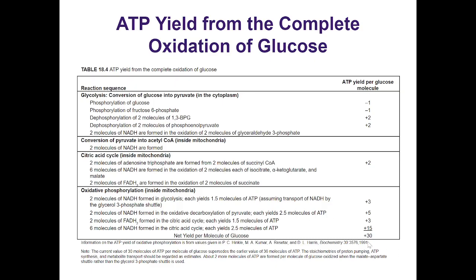Now, notice these are actual publication numbers from 1991. That current 30 molecules of ATP per glucose actually will supersede an earlier value you may have heard before, which is the 36 molecules of ATP, which was the stoichiometrics of the proton pump and ATP synthase and metabolite transport. Again, these are all estimates, though, depending on your organism, depending on slight differences of pathways, depending on slight differences in efficiency.